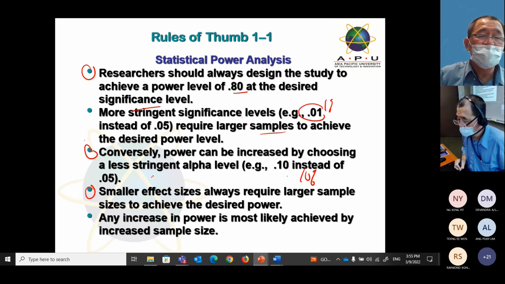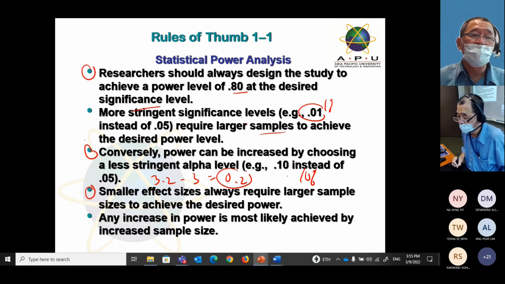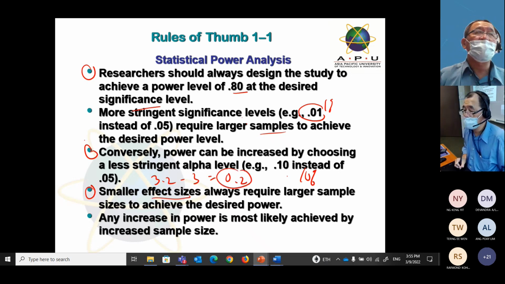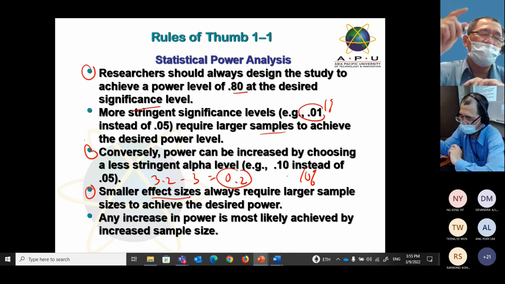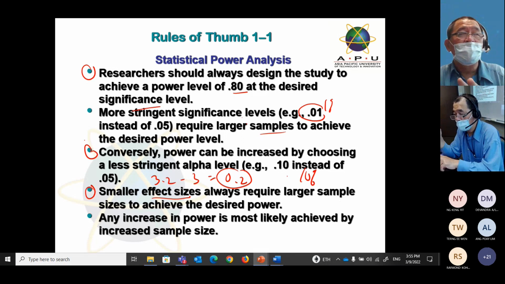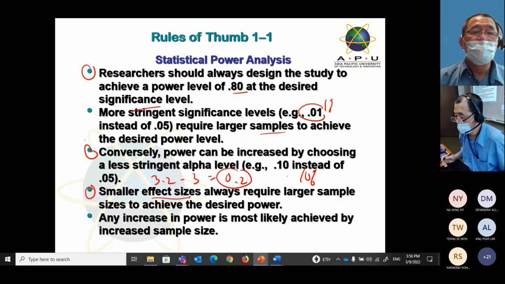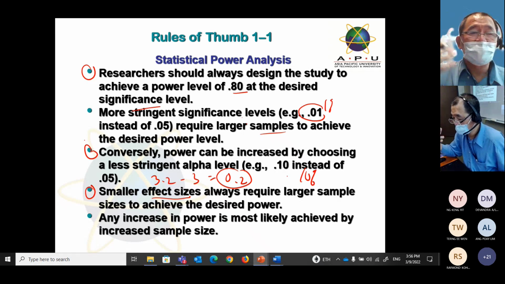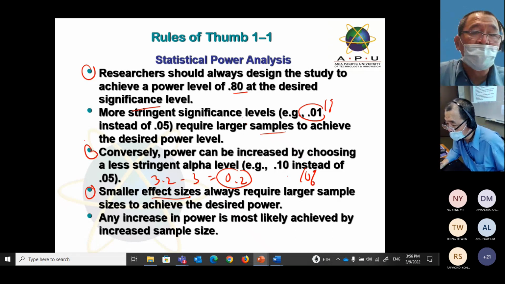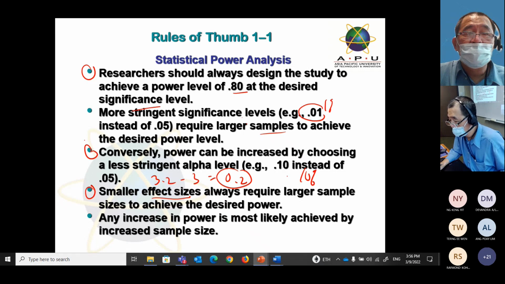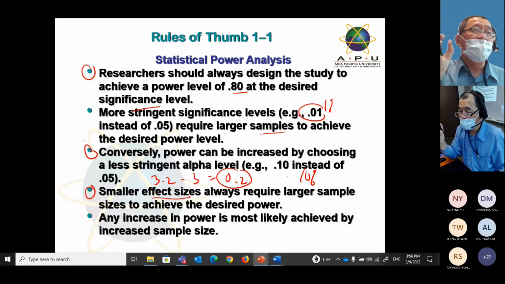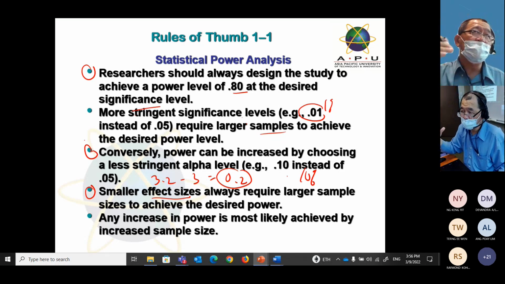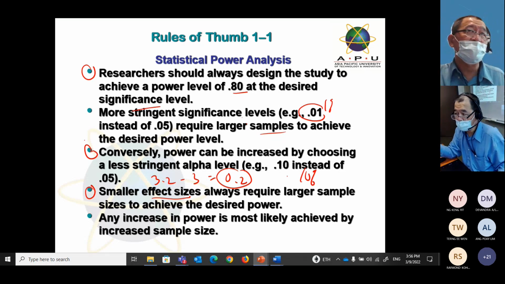Let's say 3.2 minus 3. The difference is only 0.2, therefore it's a smaller effect size, and you need a larger sample size, like what we used just now, 2 million, maybe more, to achieve the power. If your effect size is small, you can increase the sample size to reject the null hypothesis.